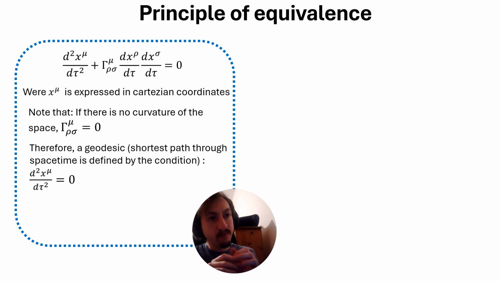And this is what we kind of expect. We expect that, if an object isn't experiencing any resultant forces, it won't accelerate. I mean, this is essentially Newton's first law, or a special case of Newton's second law, just written in the language of relativity.